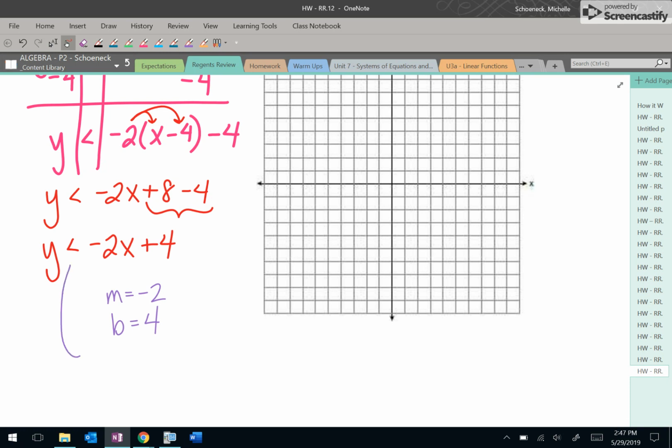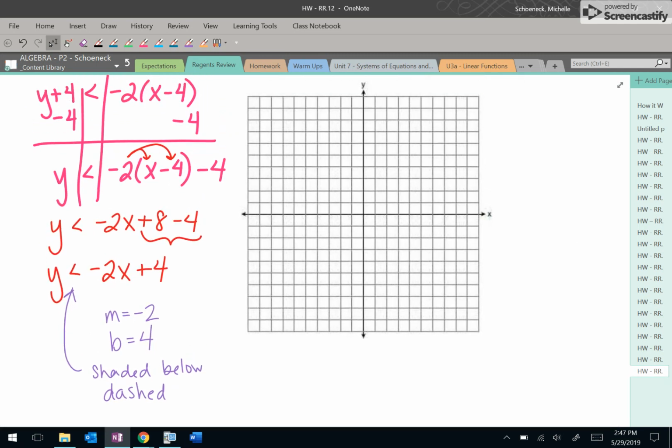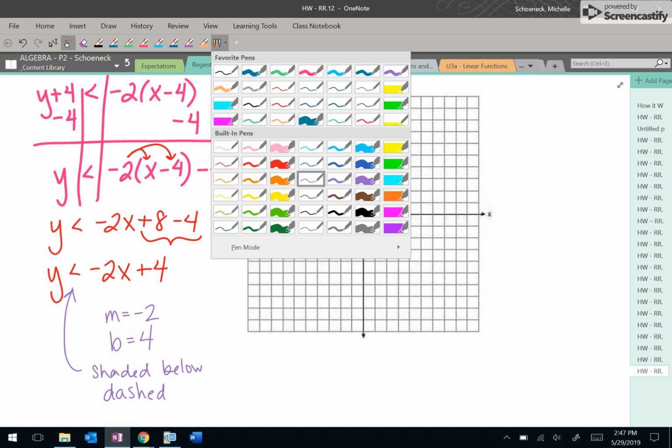All right, now we have to shade and dash or make a solid line. So this is going to be shaded below because it's less than, and it's going to be a dashed or an open line because it's strictly less than. All right, so you could make a table and plot the points.